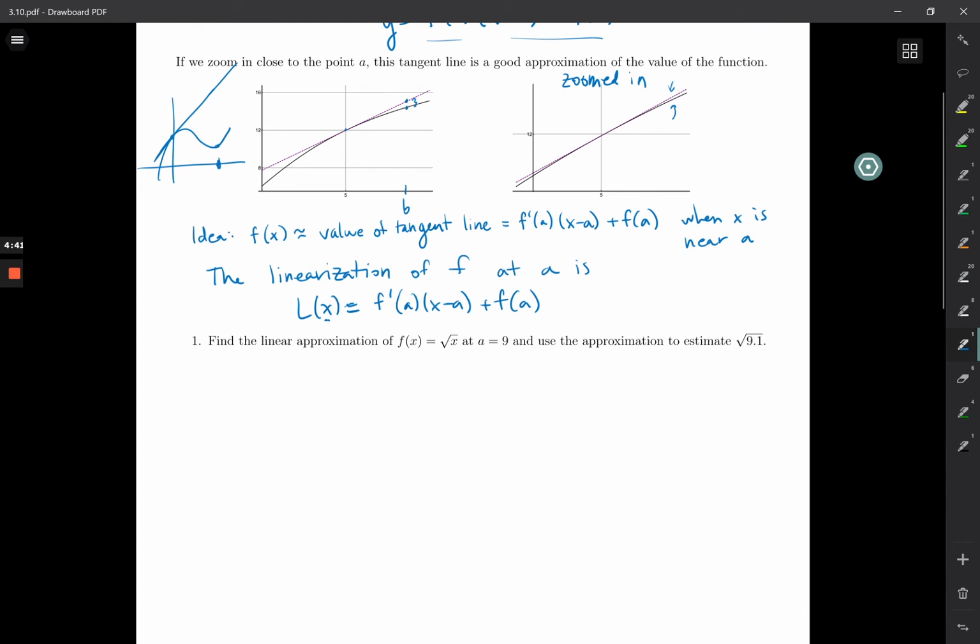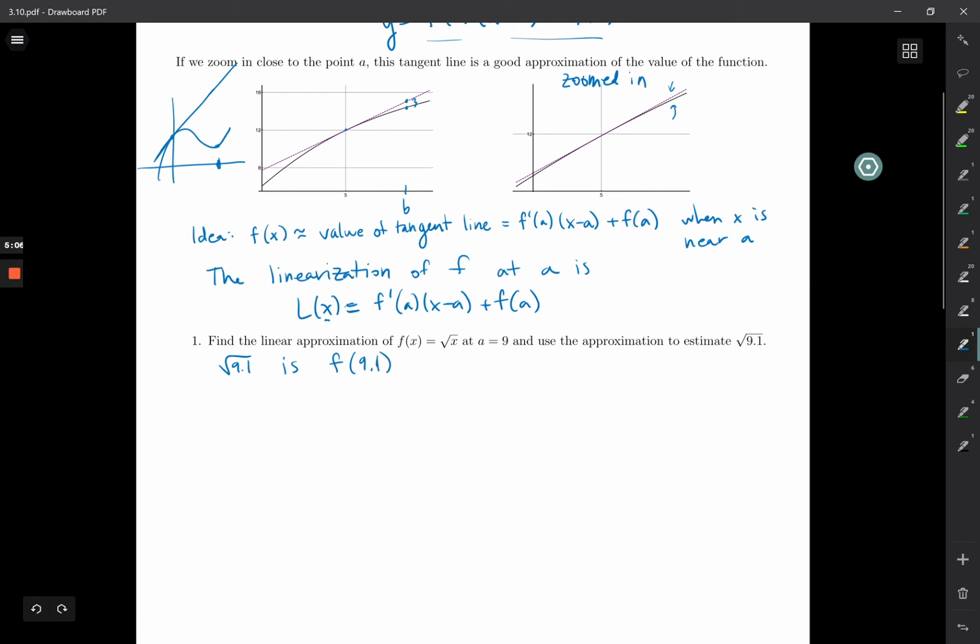Okay, so here we're asked to find the linear approximation of the square root of x at the point a equals 9 and use it to estimate the square root of 9.1. Now notice that the square root of 9.1 is just f evaluated at 9.1, right?